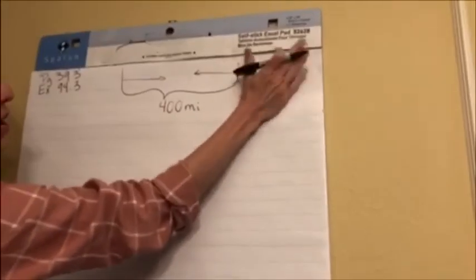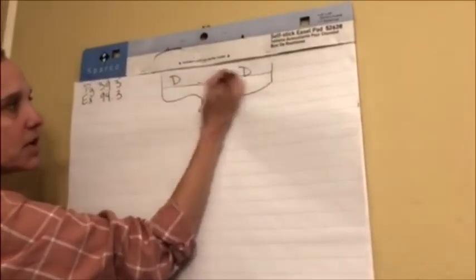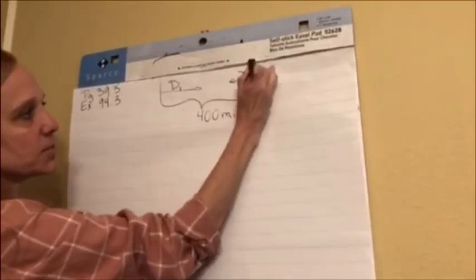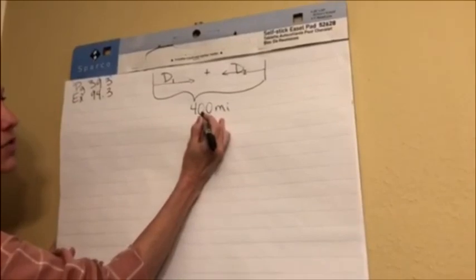So this is another instance where the distance of this ship plus the distance of that ship, we'll just call them ship 1 and ship 2, if you add them together, is going to equal 400 miles.